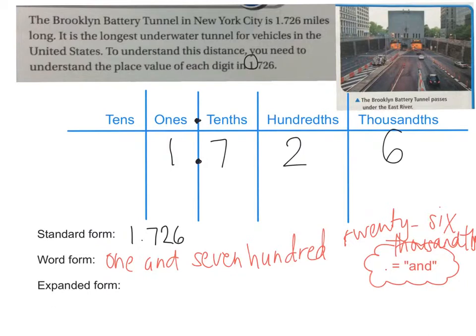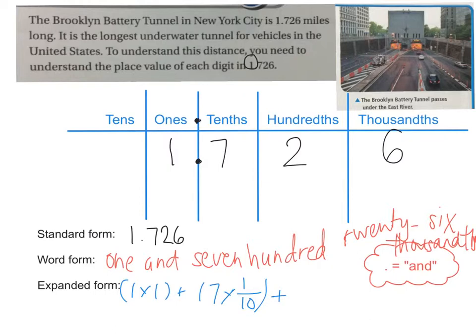So 1 times 1. Okay. 7 times 1/10. Oh, before you go 7 times 1/10, though, what should we do to the 1 times 1? Plus. We want to add them, right? So 1 times 1 plus 7 times 1/10. And you can write the 1/10 either as a fraction or as a decimal. We know both ways. And both are correct, right? Okay, very good.